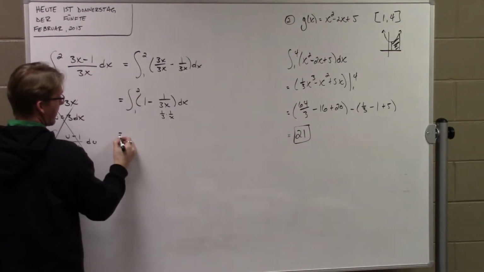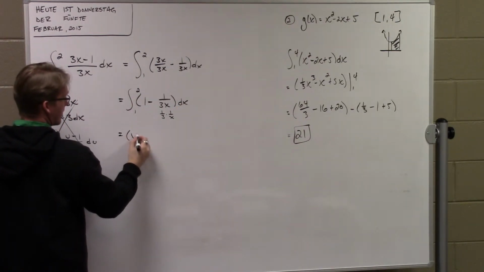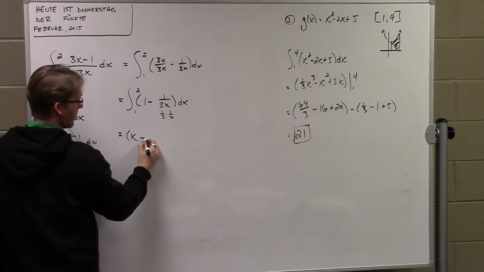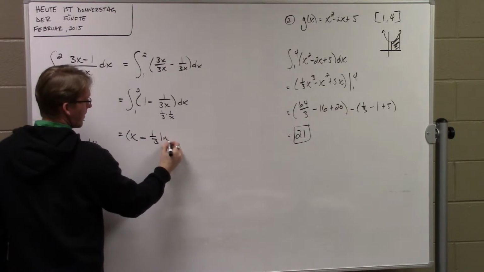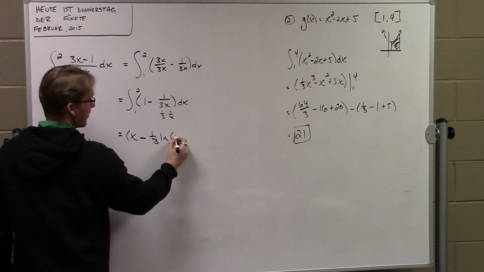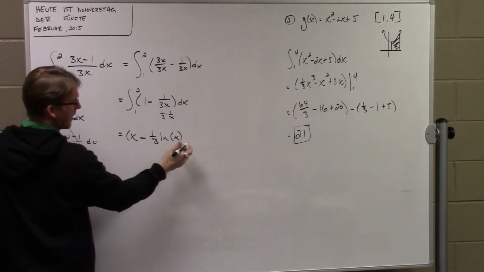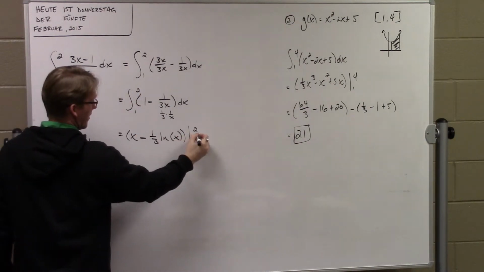The antiderivative of 1 is x. If you think of the other part like this, that's just a natural log, so you get minus 1/3 natural log of x. I'm going to put parentheses because we're plugging in 1 and 2, and that's not going to hurt us.